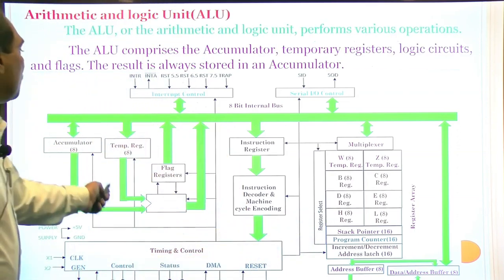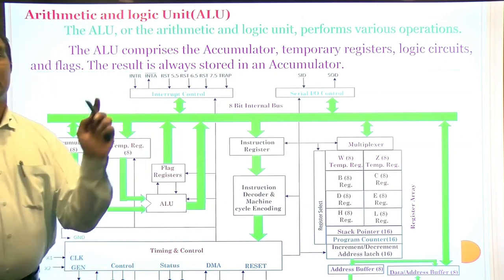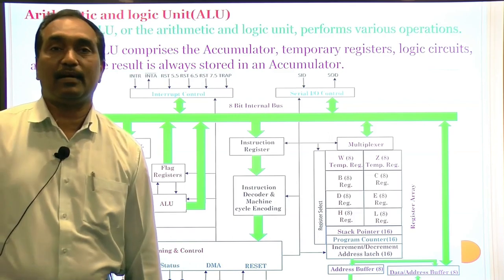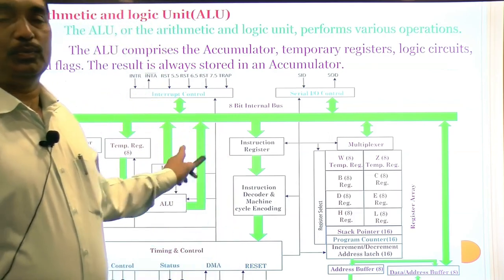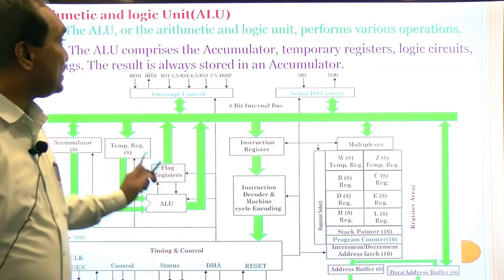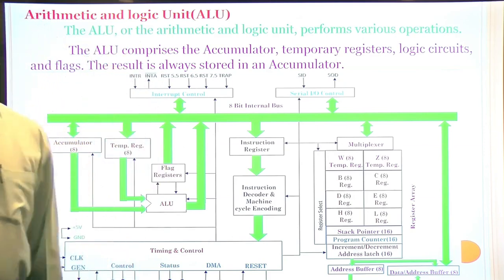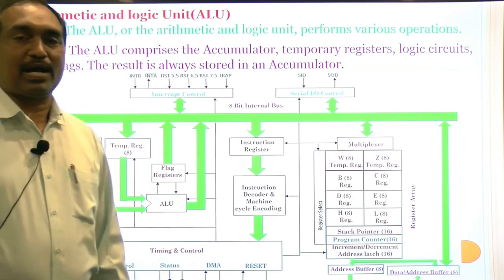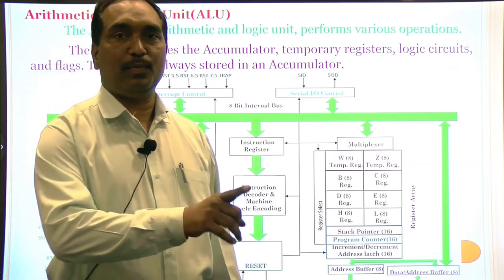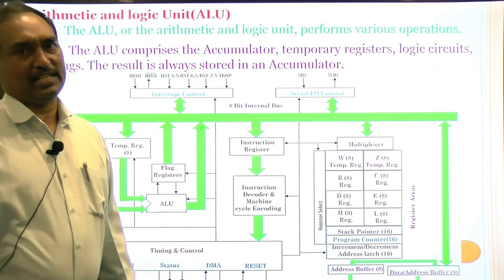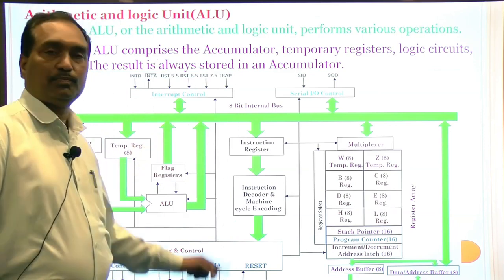And of course, the second part is the ALU, that is arithmetic and logic unit. As the name says, arithmetic operations and logical operations can be done in this ALU. After completion of these operations, the result is stored in the accumulator. For example, you want to add two numbers, 3 and 4. The number 3 is in the accumulator, and 4 is in one register. Then 3 plus 4 can be done by using this ALU.